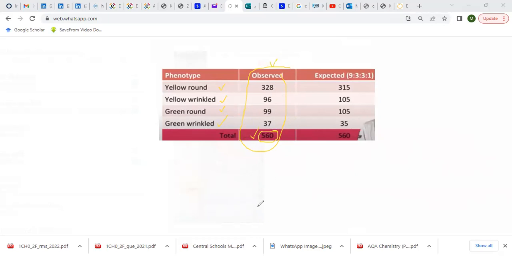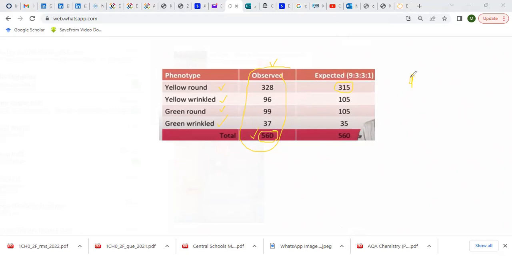What was expected now? How will you get the expected? Can you tell me how you will get this 315? Solve it on my screen. I'm not sure. Okay, now this is very easy. For example, here it was 9.